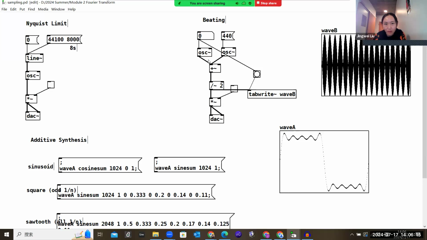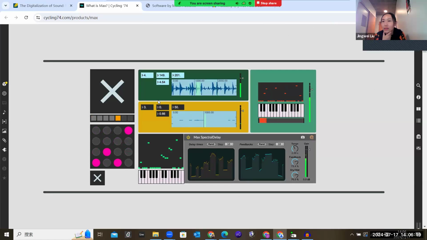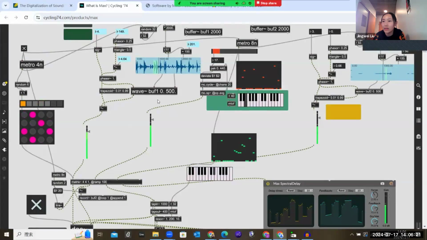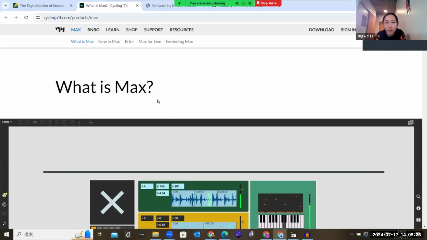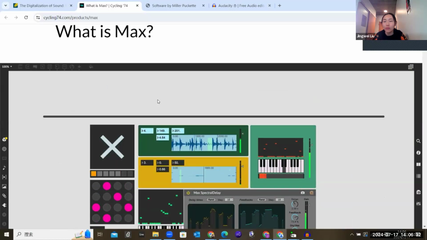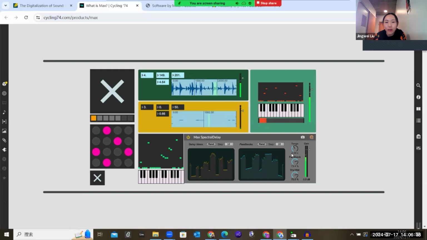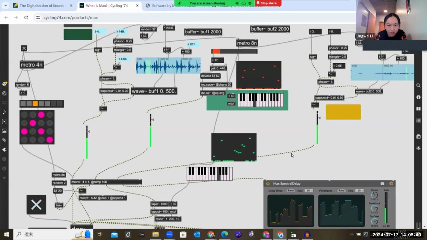For Max, it's commercial, and many people use it, and because people buy and subscribe to it, they developed many built-in libraries. So if you want to be a music producer or music programmer, Max would be something to consider, if you'd like to pay for already established software.